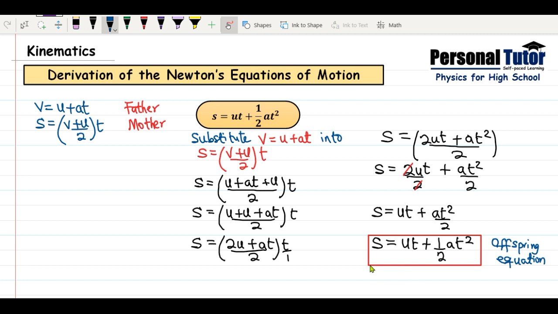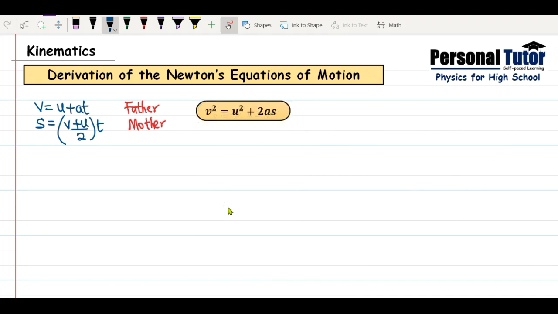So far, we have proven the first equation, v equals u plus at, and the second equation, s equals ut plus half at squared. We are left with the last equation, which is v squared equals u squared plus 2as. To prove this, from the father equation, make t the subject.